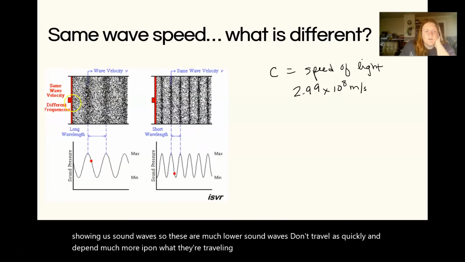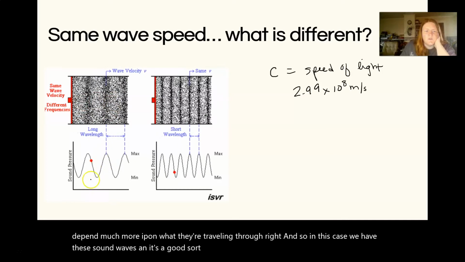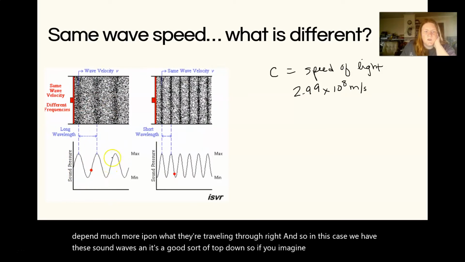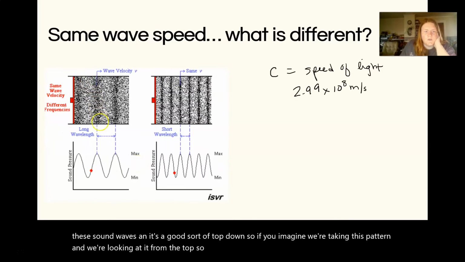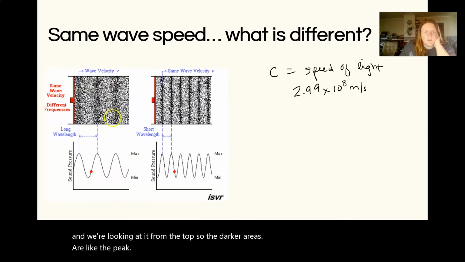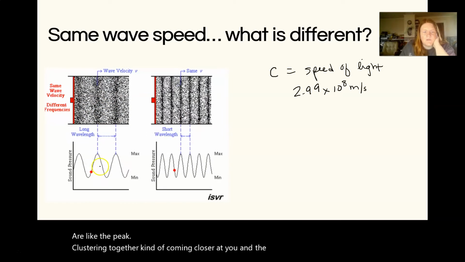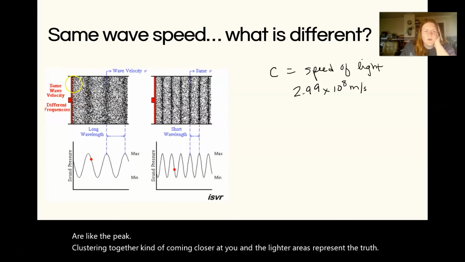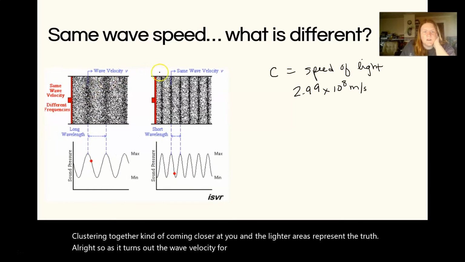All right, and so in this case, we have these sound waves, and it's a good top-down view. So if you imagine we're taking this pattern and looking at it from the top, the darker areas are like the peaks clustering together, coming closer at you, and the lighter areas represent the troughs. All right, and as it turns out, the wave velocity for these two waves is exactly the same.